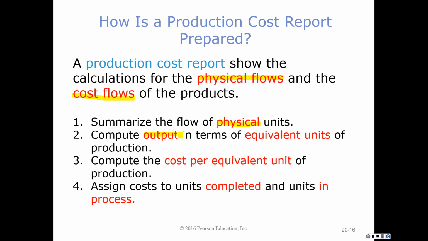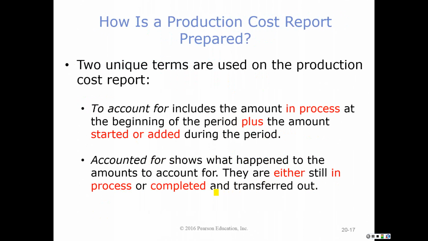Okay, so we'll need to figure out first the physical flow, as we'll see in the following illustrations, and what is the equivalent of finished units that we have produced in that department. Then we'll begin to track the cost per equivalent unit. So why do we need to do this? Because I still need to assign cost per unit to those costs that have been completed and need to move to the next process. So let's see how that begins to work.